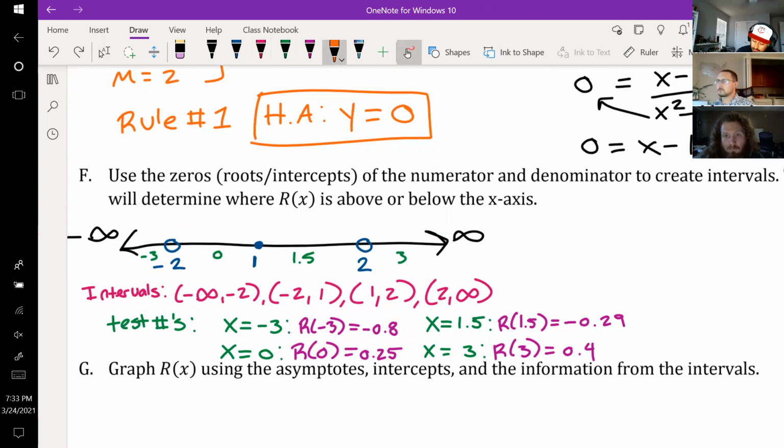Good. So no matter what test number you pick, the y values will always be negative. This means that we are below the x-axis. Okay. Now look at the next output. On the interval -2 to 1, no matter what number you pick, your y values will always be what?